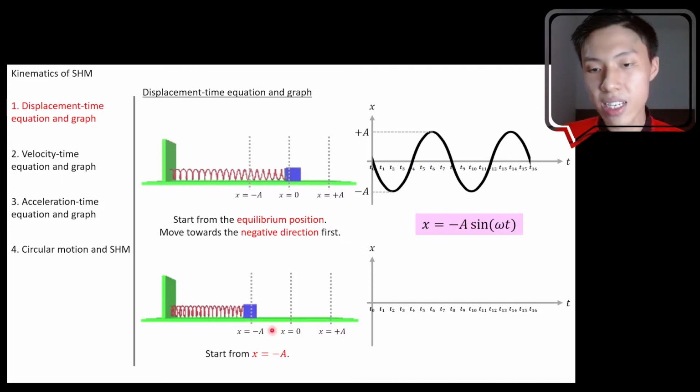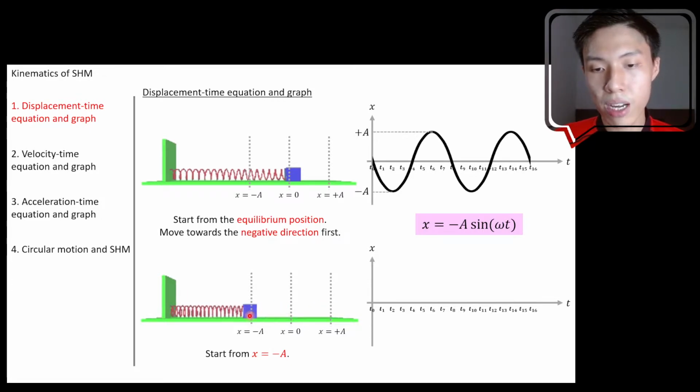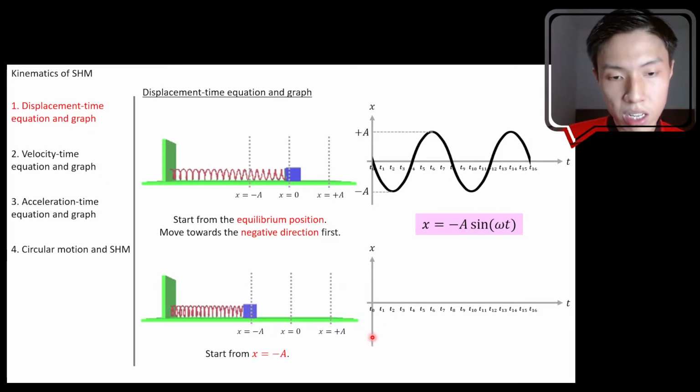Okay, so next, the system over here, it starts from the negative amplitude. If it starts from a negative amplitude, then the motion will be towards positive, back towards negative amplitude, towards positive, back towards the initial position. So now you should expect the graph to start from the maximum negative displacement over here.